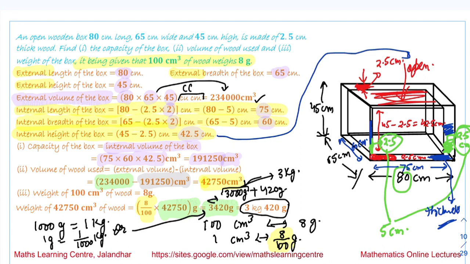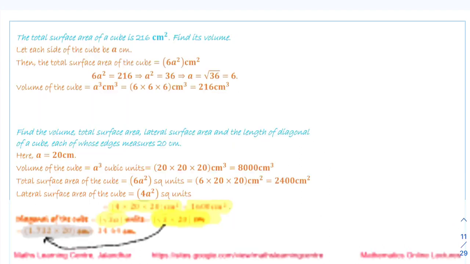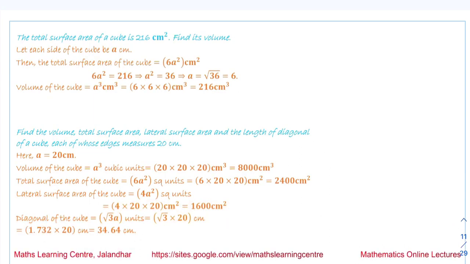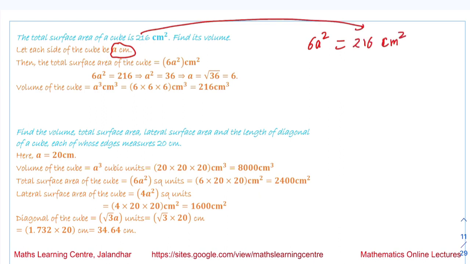Next we have: the total surface area of a cube is 216 centimeter square and we have to find its volume. The formula for the surface area of a cube is 6 times a square, where a is the side length of the cube, and this value is given to be 216 centimeter square.